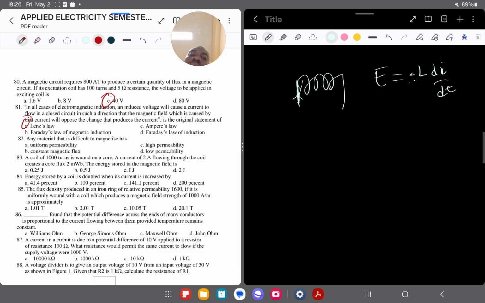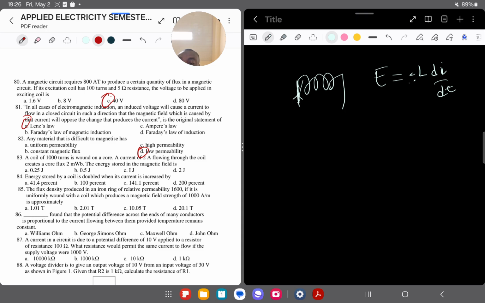So if it's easier to magnetize the material, the permeability is high. If it is difficult, then the permeability of that material is low. So the answer for this is what? D. So if it's difficult to magnetize the material, it is having a low permeability. So for example, glass is having a low permeability.